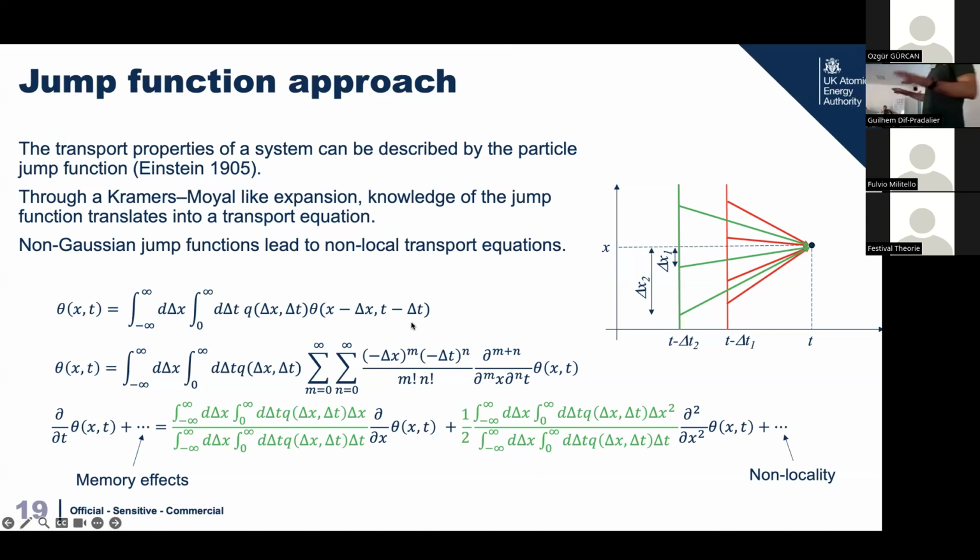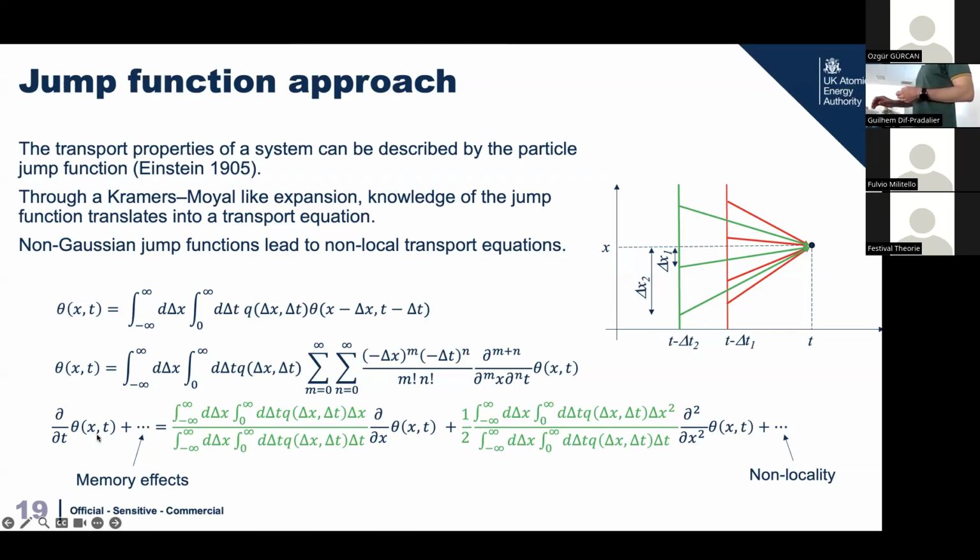I can just Taylor expand and keep all the terms, so I don't truncate them, and I get this expression over here. And then once I have this expression, you can see that I have derivatives now in space and in time of the original thermodynamic function. So if I rewrite these exactly, I end up having an equation that is pretty familiar to us.